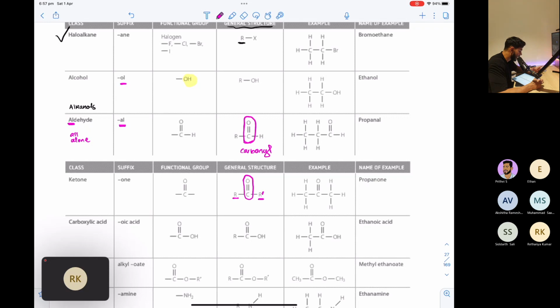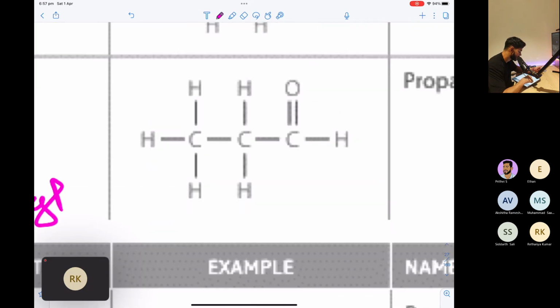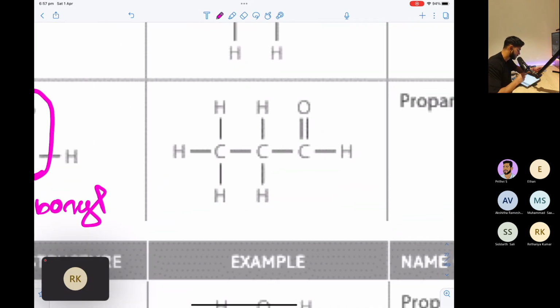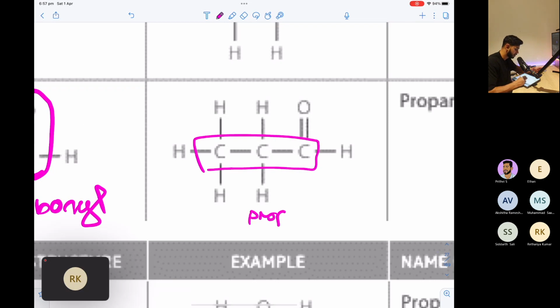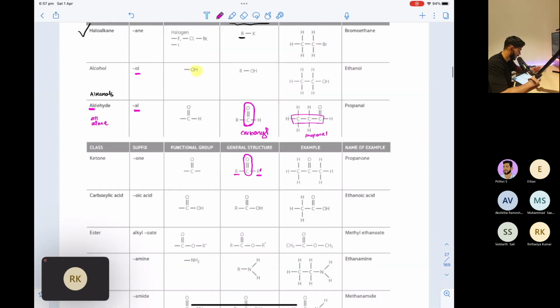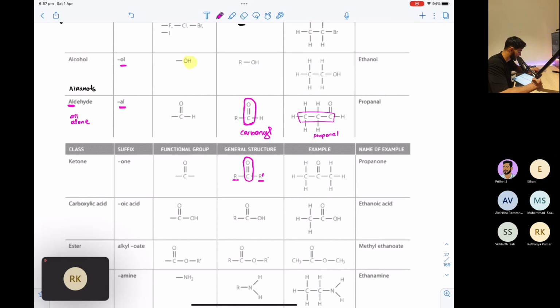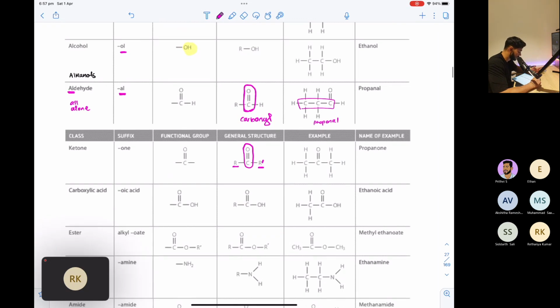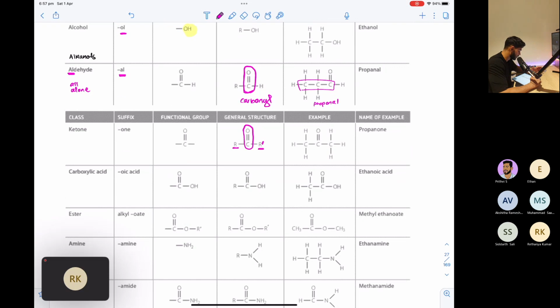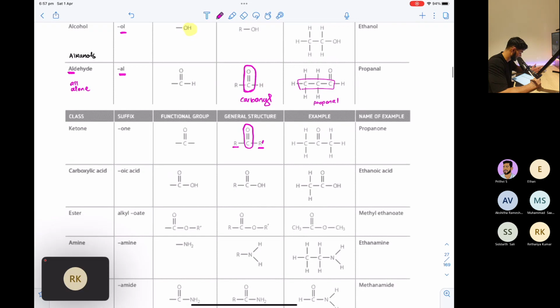And the suffix will be al. Example here, you guys can see the main chain is a propane. So we're going to call it propane, and what we do is we take the E off and we add the suffix al. And this is simply propanal. Okay, I'll teach you naming later. But for now, I just want you to focus on what the functional group is and what the name of that functional group is. Okay, so ketones and aldehydes have the same carbonyl functional group. The location is the difference.